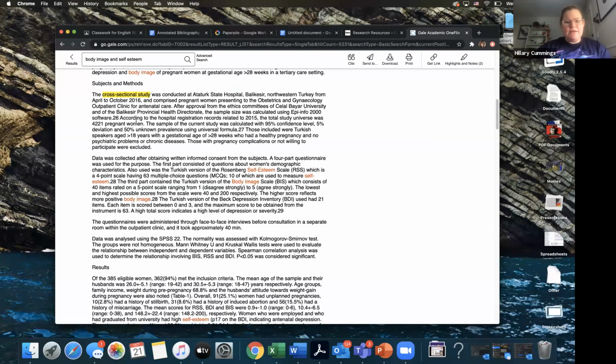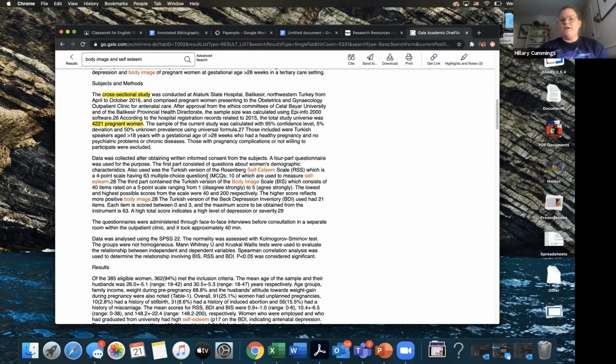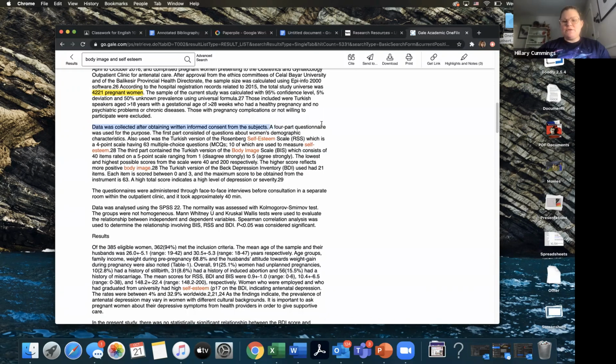They totally looked at 4,221 pregnant women. If I have that number, then I'm going to feel like that is a really good cross-sectional study. So remember when we talked about if you only had like 3 pregnant women, that's not really enough to say this is probably a good study, right? And so we see that the data method was a questionnaire.